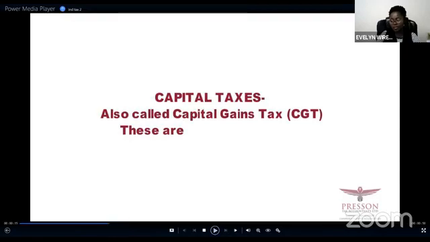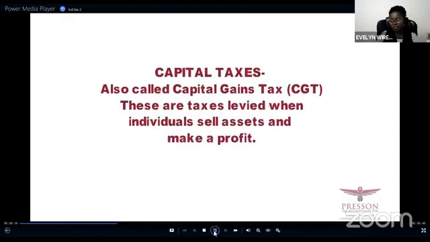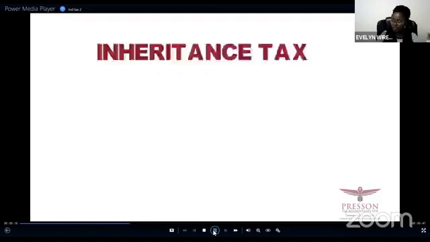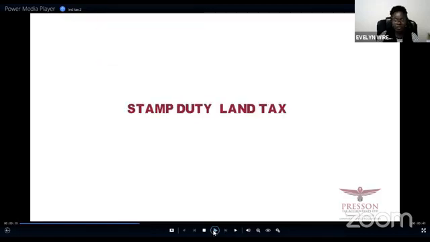The next one I want to look at is stamp taxes. Just bear with me. Stamp duty land taxes. What are stamp duty land taxes?